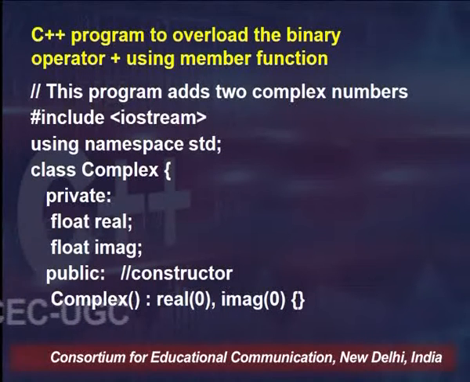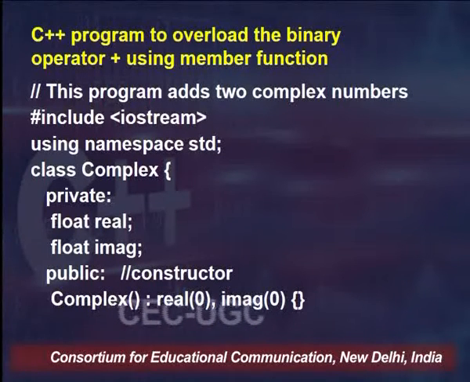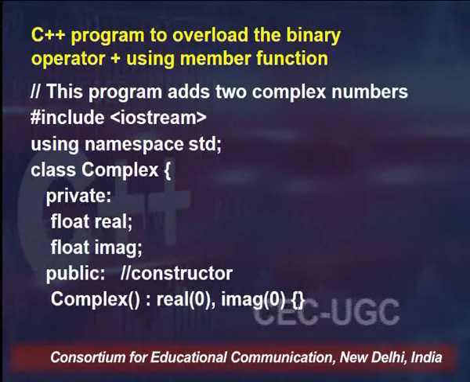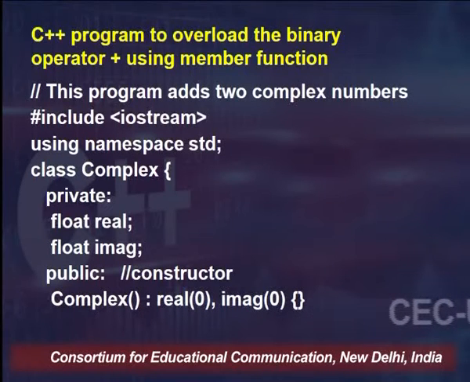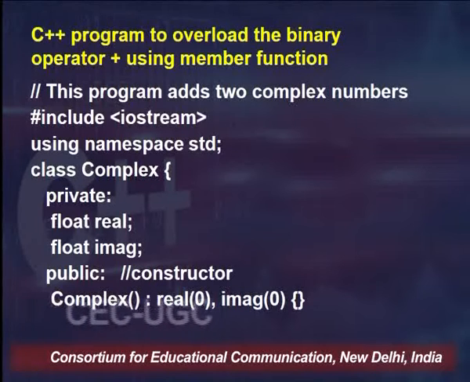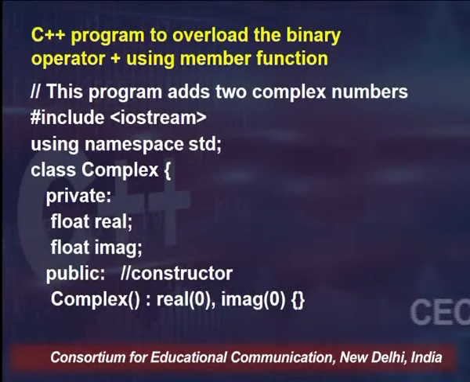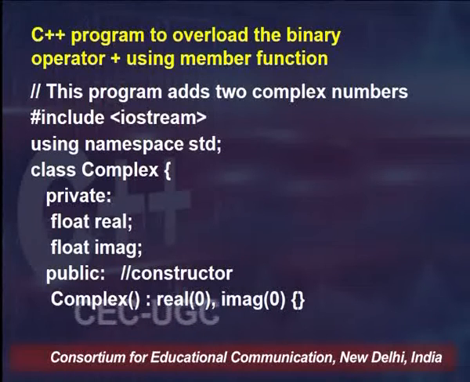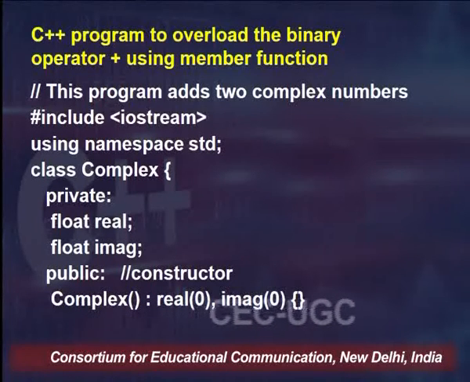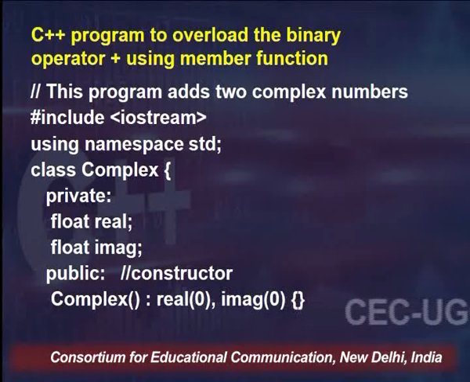We are going to use one overloaded operator which is plus. If we give it two objects, let us say C1 and C2, where C1 has x1 + y1 i and C2 has x2 + y2 i, the result should be (x1 + x2) + (y1 + y2) i.